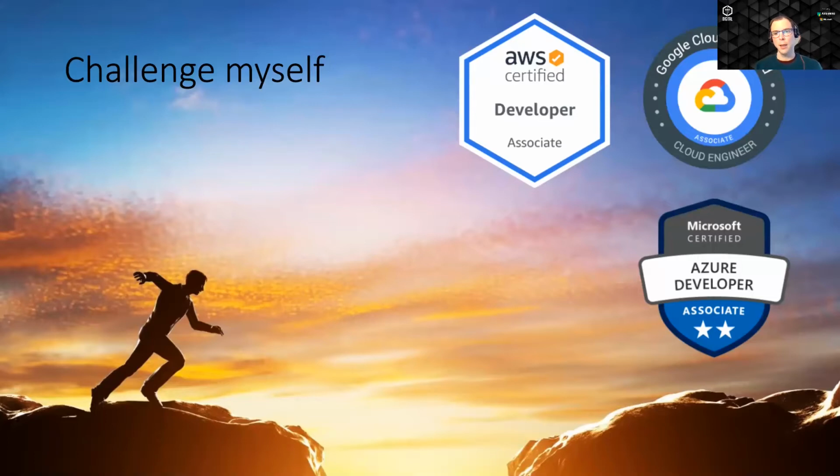I already had some study for the Azure developer exam. And then with a few days of studying, I went and sat for the AWS Certified Developer Associate, and I passed. I saw lots of similarities.